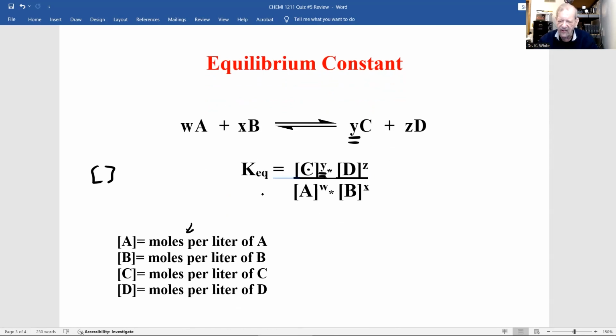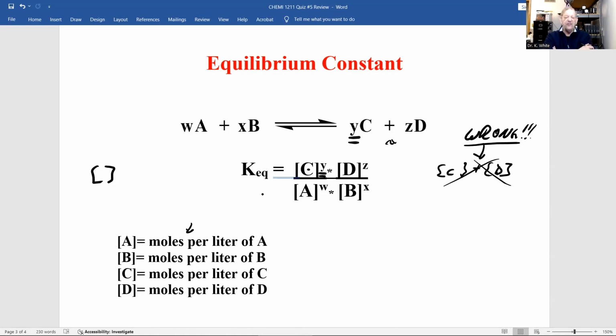Times, not plus. A mistake students make, they see this plus and they put it like this. And that's wrong. Really wrong, and I mark it wrong. It's a multiplication.